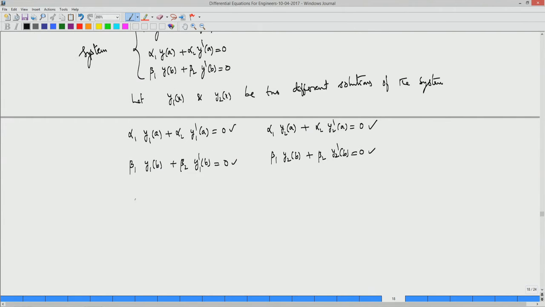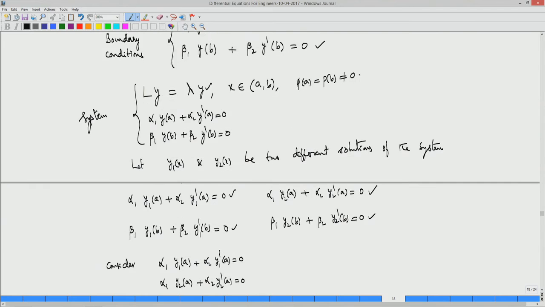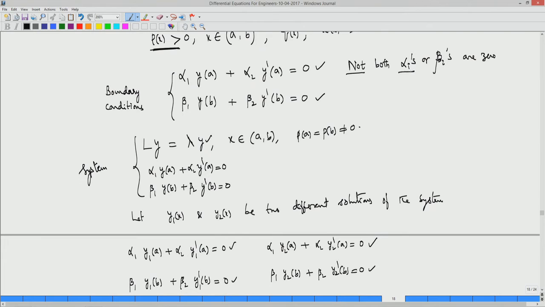So if you consider alpha 1 y1 at A plus alpha 2 y1 dash at A equal to 0, and similarly alpha 1 y2 at A plus alpha 2 y2 dash at A equal to 0, you get this one. We have already assumed in the boundary conditions that not both the alpha i's are 0.